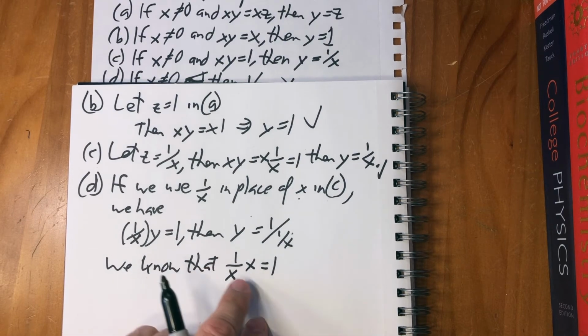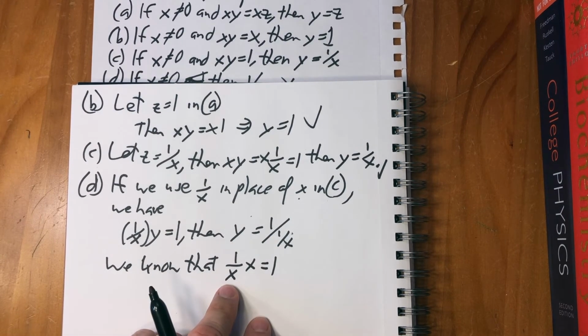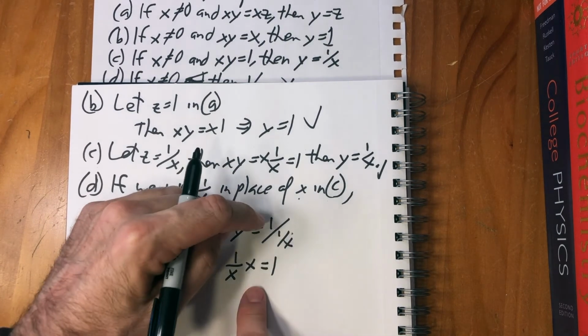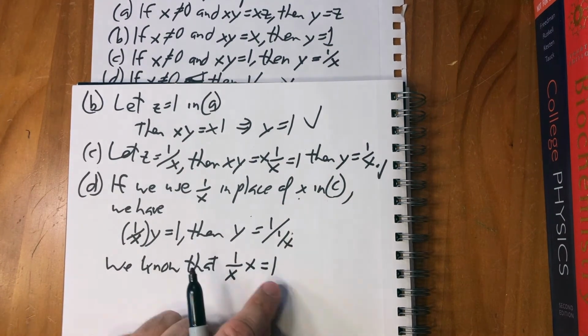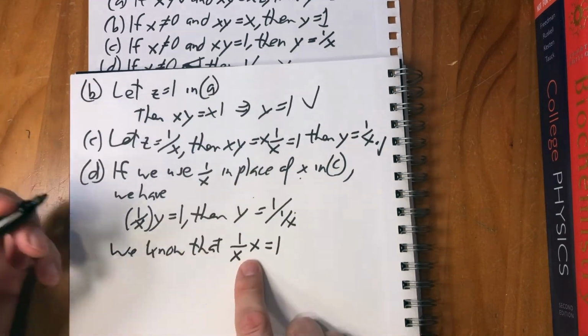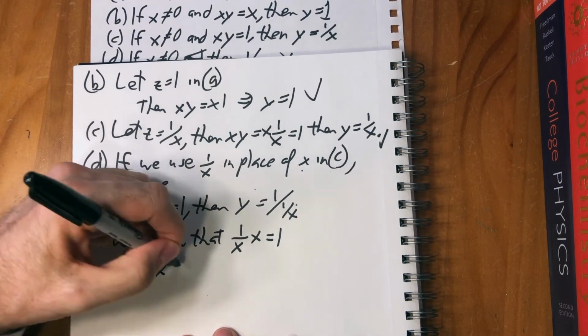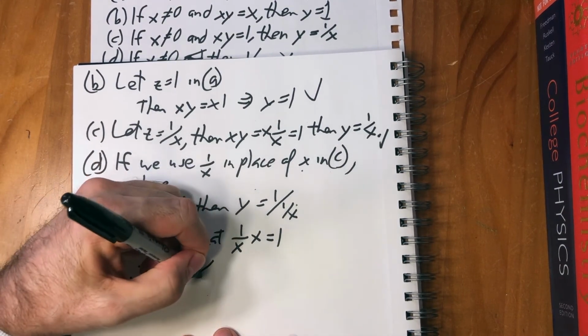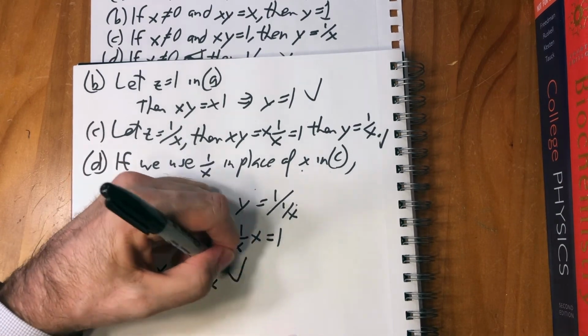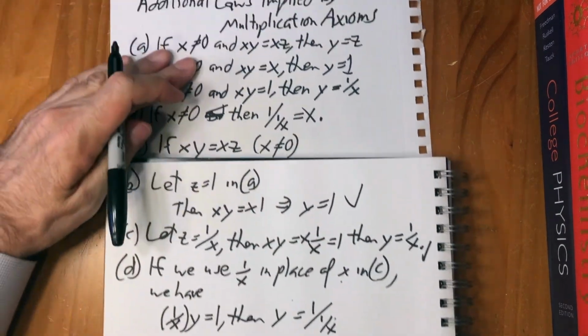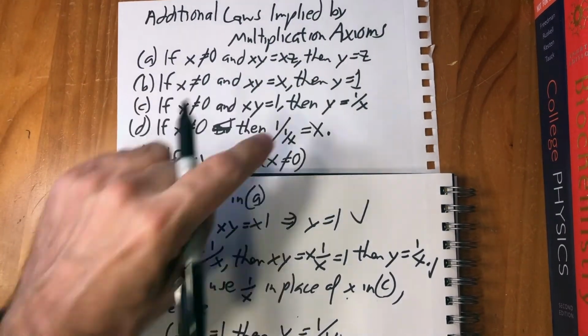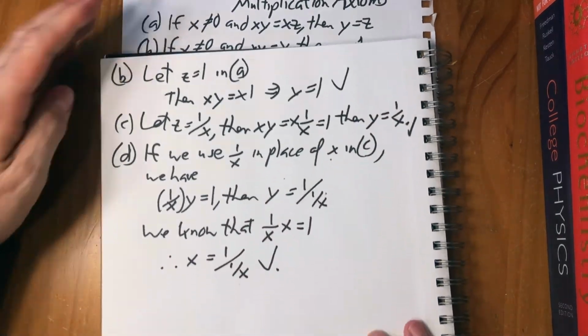That means that this is y, so that 1 over x times 1 over x equals 1. That means that x has to be 1 over x. So therefore, x equals 1 over x. And that's what we were trying to prove, right? 1 over x equals x. Okay, good.